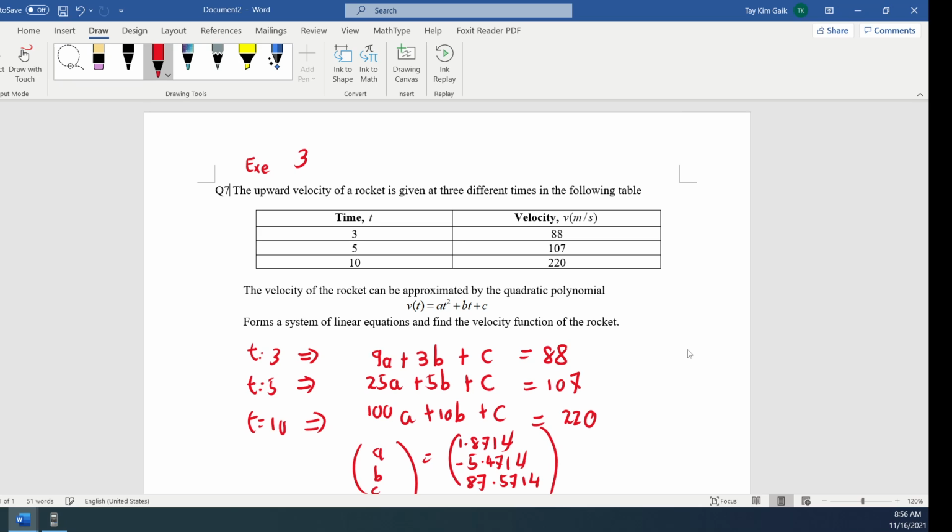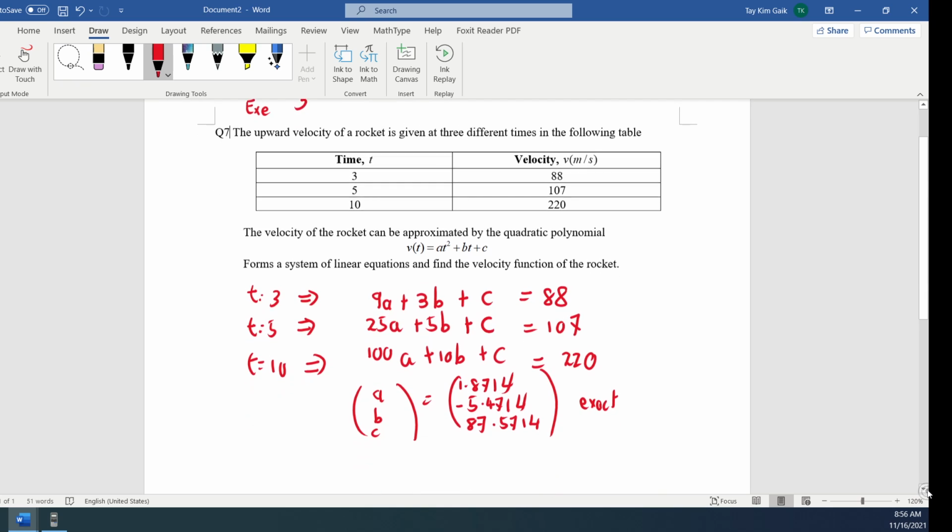We assume the solution we obtain from the calculator is exact, because it may use an inverse matrix method.